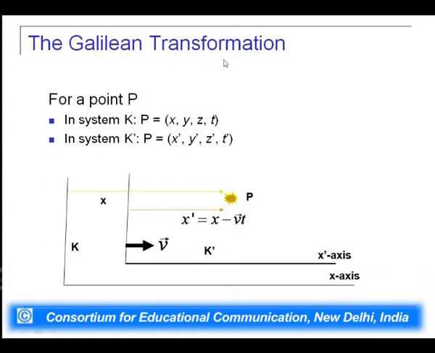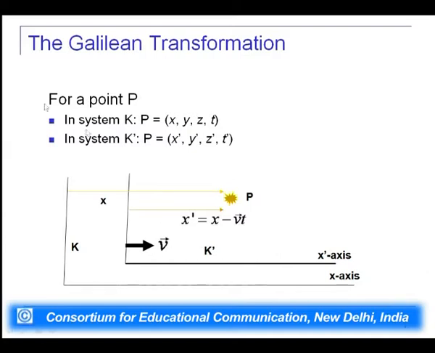Now we talk about the Galilean transformation. Suppose we have any particle or object which is defined by P. Here we have two references, K and K dash. This K dash is moving with the velocity v and this is the static frame, which is K. K dash is moving along the x axis with the velocity v.